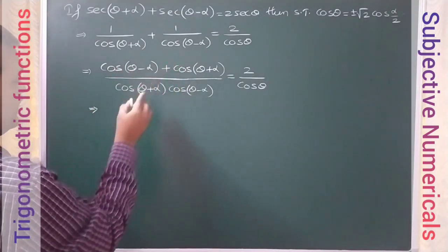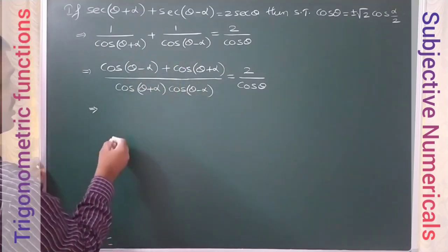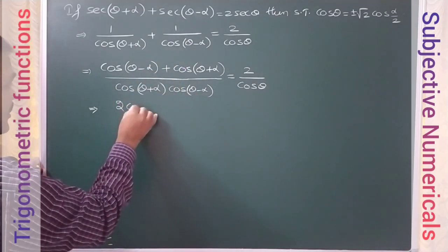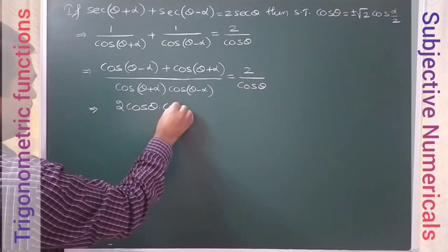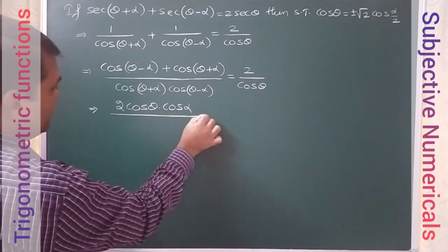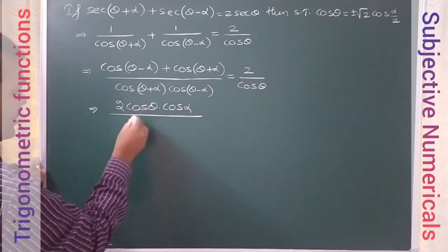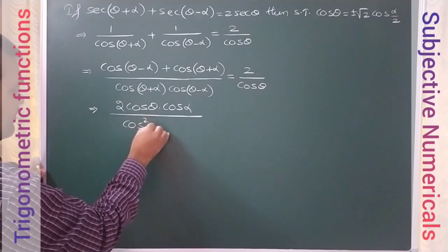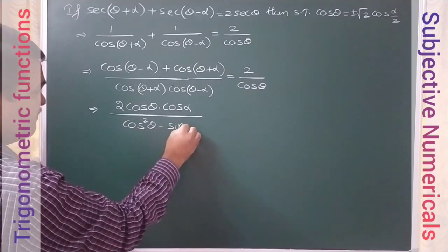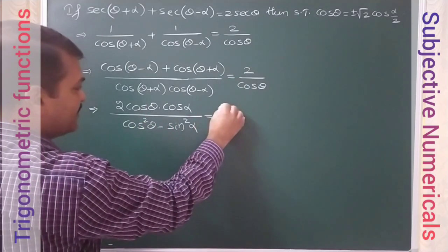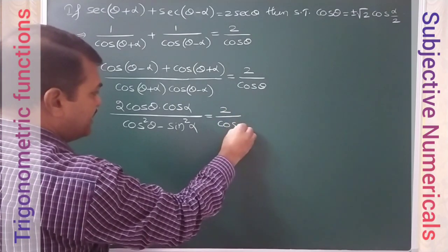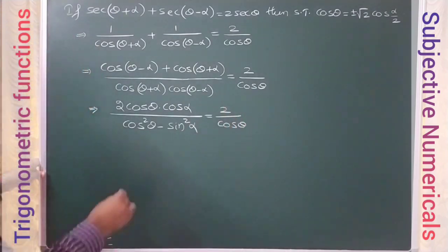In the numerator, cos(A minus B) plus cos(A plus B) is 2 cos A cos B. In the denominator, cos square A minus sin square B. So the application of both formulas is completed, and the RHS is the same.